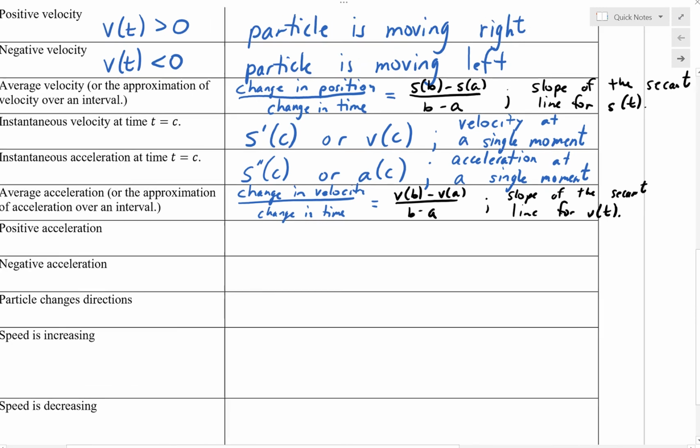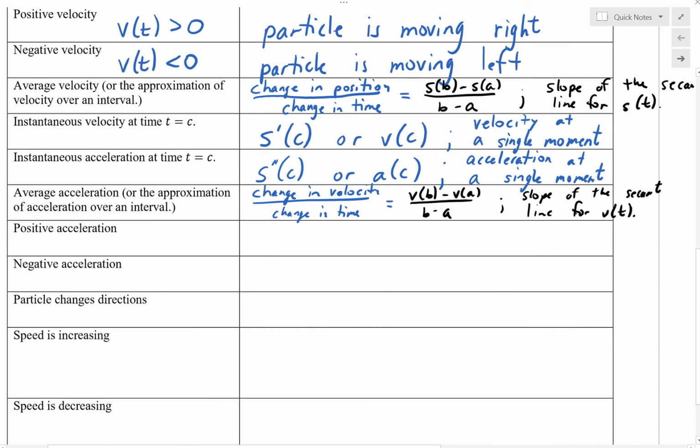One thing you want to make sure you understand: if you're finding average velocity, you have to use the position function in your slope formula. If you're trying to find the average acceleration, then we use the velocity function in our slope formula. It's important that we understand that.